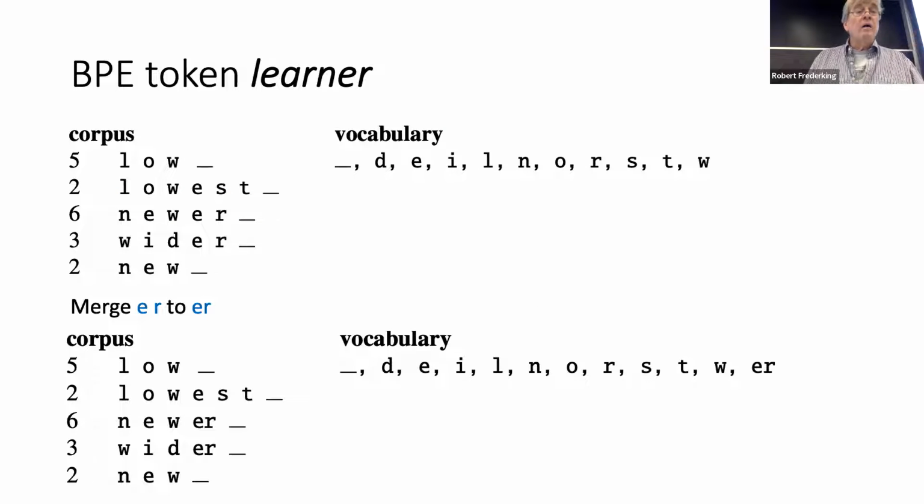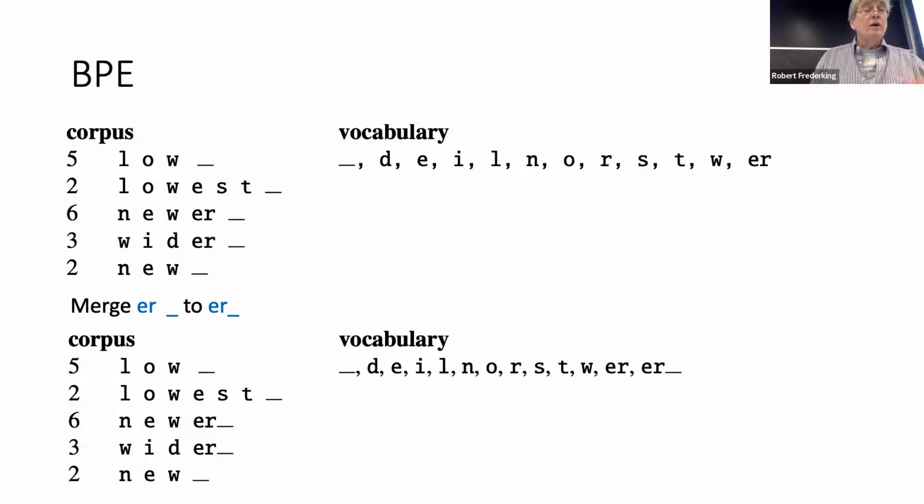And so the most frequently occurring adjacent characters are E and R. So you create the new character ER, and you replace all occurrences in the corpus with this new character, and you repeat. You look at the new corpus statistics, and now ER followed by a blank is the most common thing. So that's replaced with a new character, which is different from ER, which is ER blank.